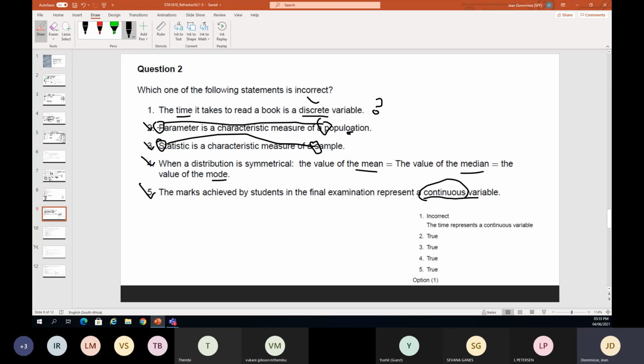Then it is a continuous variable, and that is why that one is incorrect. This one was nearly a tricky one as well, because we normally say, it took me 5 hours to get through this book. But they don't say it in the question. They just tell you time. If they don't say it's hours, then we assume time is a continuous variable. So this one was a bit tricky.